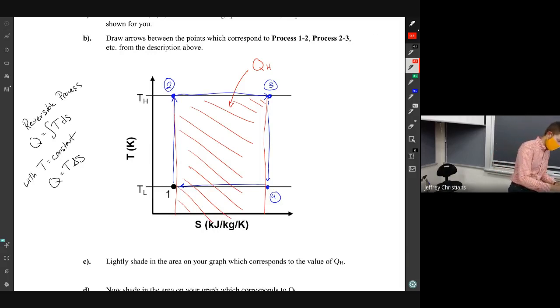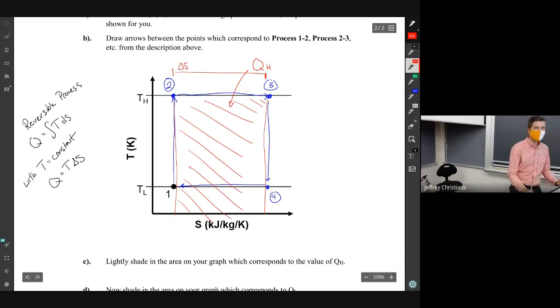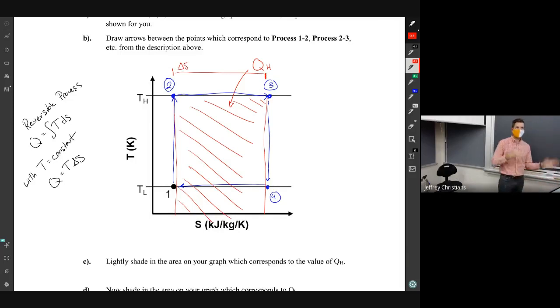This difference here, this side length, that's delta S, right? That's the difference in S between state 2 and state 3. And then the vertical side length, that length is temperature.